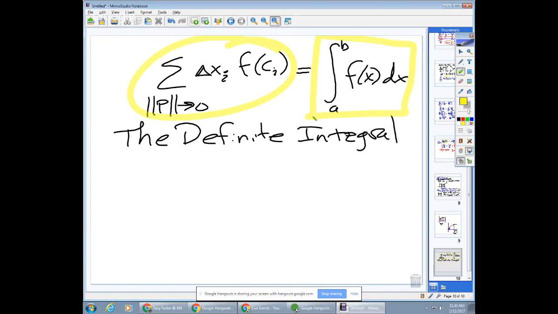The problem is there are some very simple functions for which neither a right-hand sum nor a left-hand sum nor a centered midpoint sum lead to anything we can clean up. So a simple example of one that we really can't clean up, consider the function 1 over x on the interval from 1 to 2.